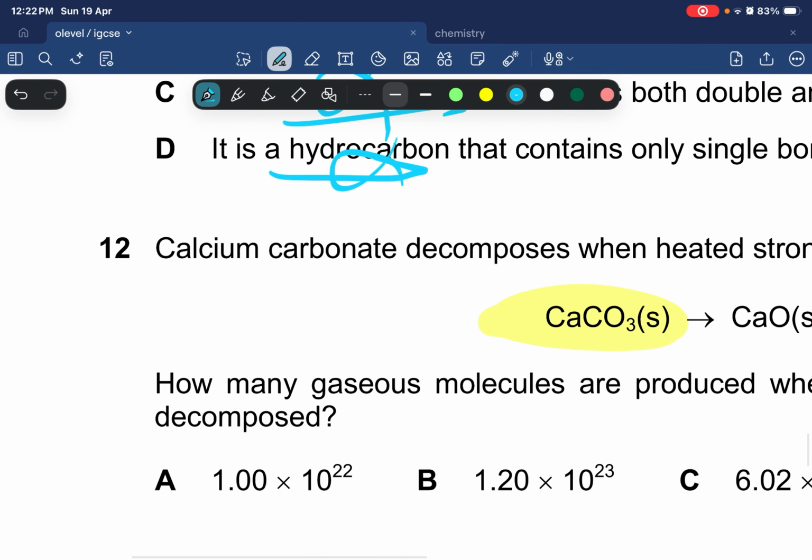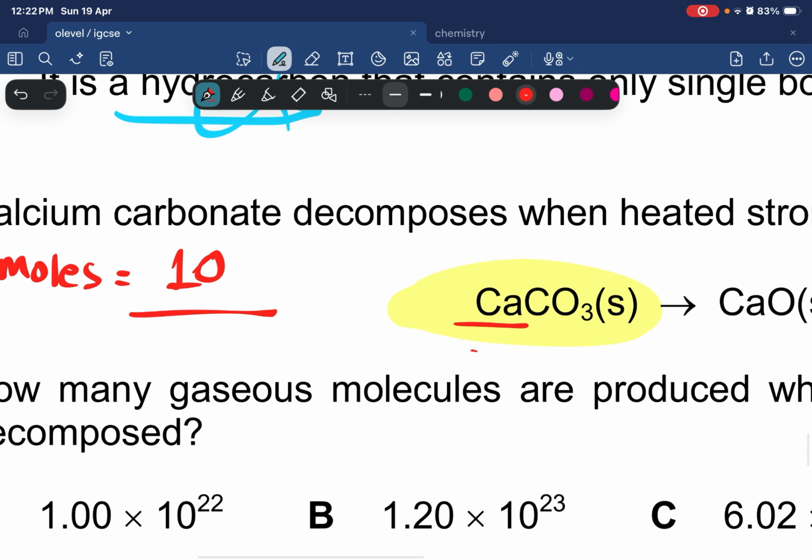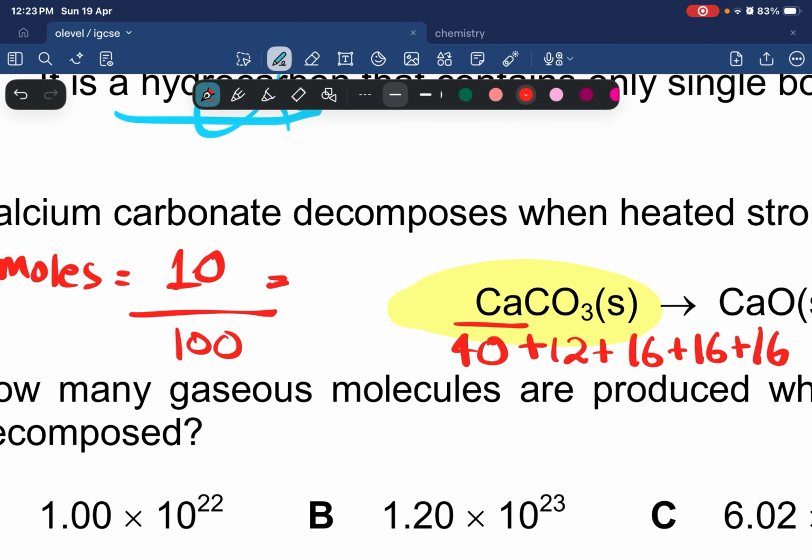So over here, we say moles equals to mass, which is 10 gram upon the MR. MR of this thing is going to be calcium is 40 I guess. Carbon is 12, oxygen is 16 plus 16 upon 100. Moles come out to be this 0.1 moles.